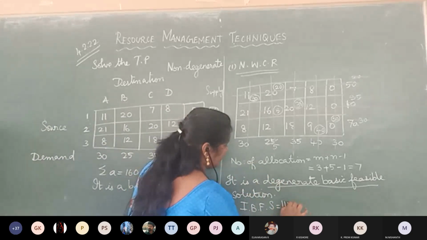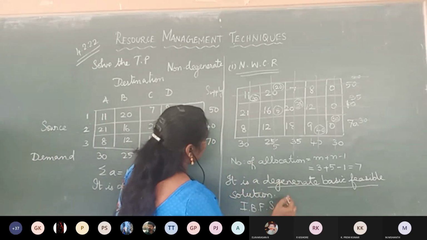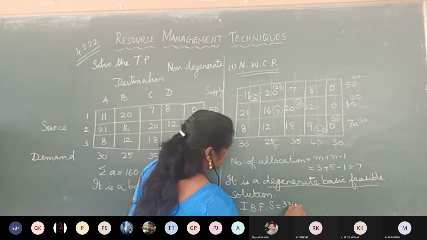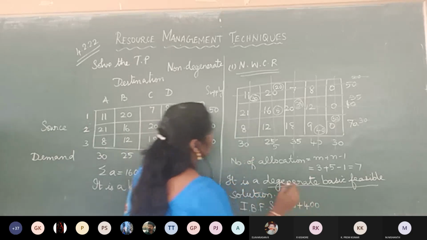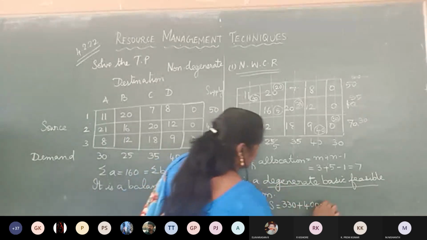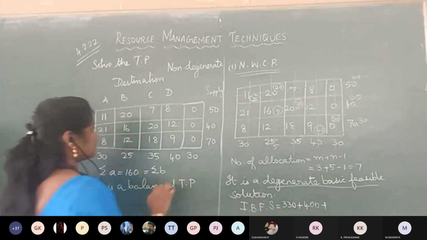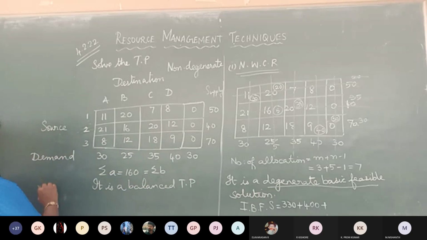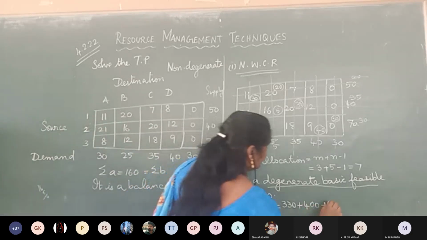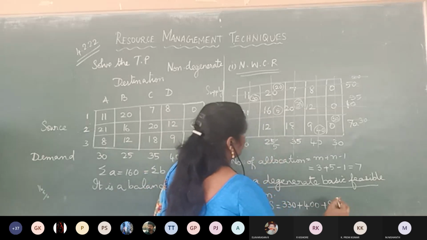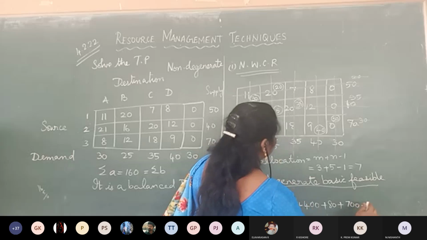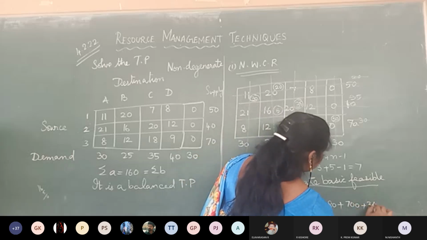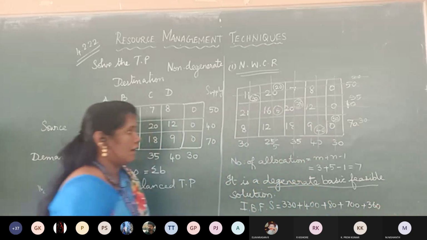So you will have 11 into 30, so it will be 330, plus 400, plus 16 into 5, 80, plus 35 into 2, 70, plus 360, plus 0.